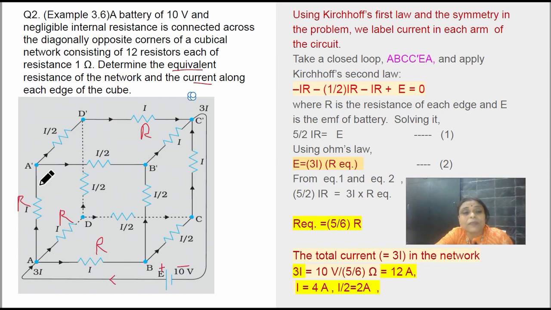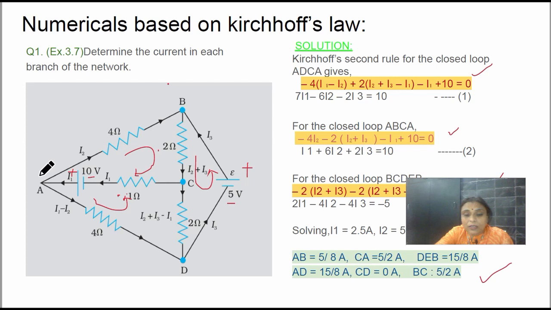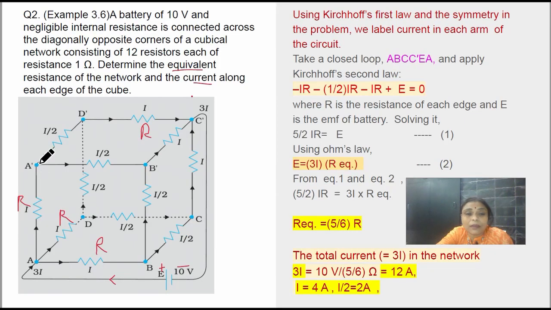This I reaches the point A'. At this A', we again have symmetry. It goes to A'D' and it goes to A'B'. So the current I is divided into two paths, each getting I by 2. Similarly here, I by 2, I by 2, and similarly here, I by 2 and I by 2. So the cube is very symmetrical in nature.